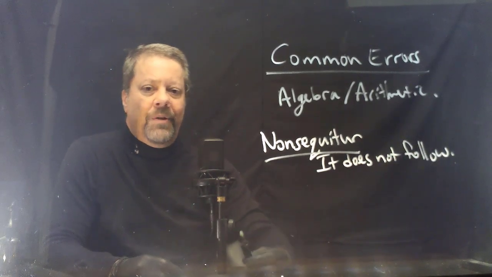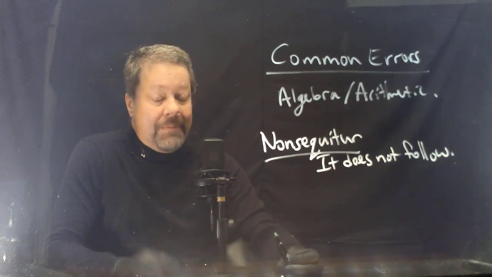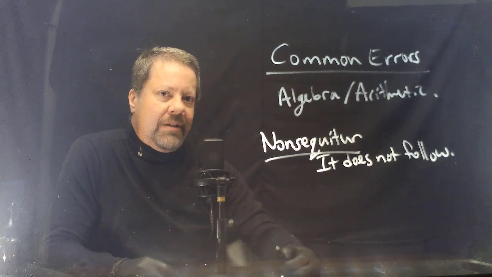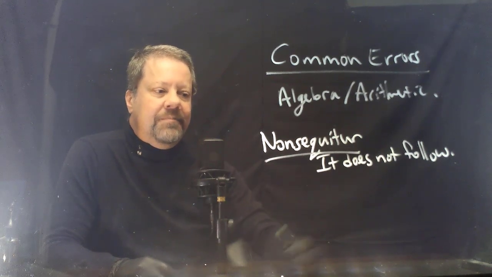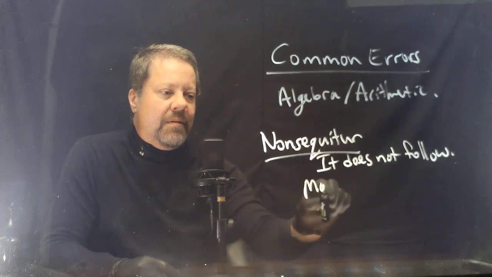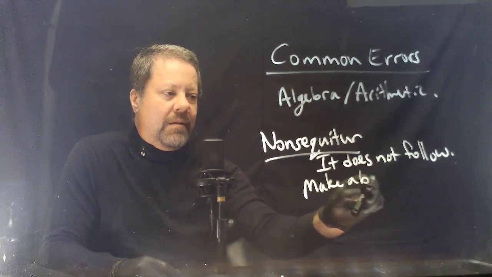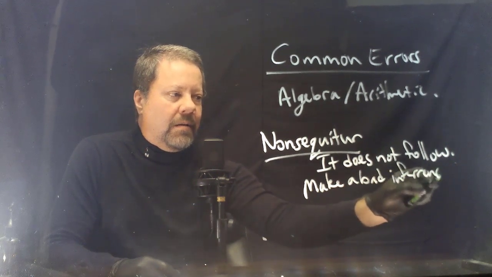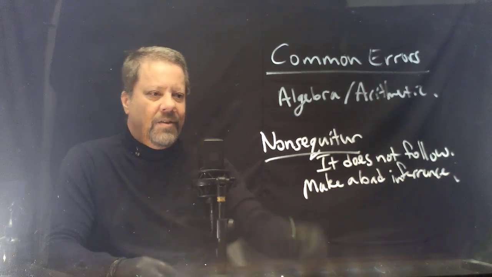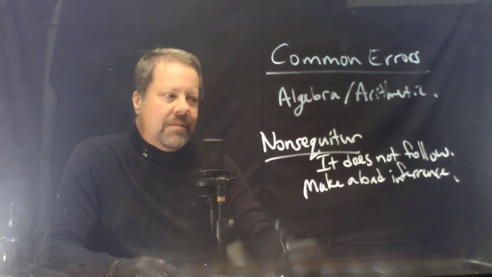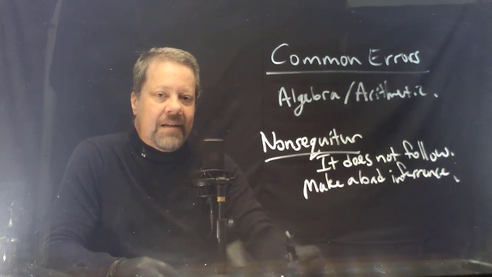This usually happens when you assume something is true, but it's maybe not necessarily true. And so you use that false assumption to prove the theorem. So you make a bad inference. So most non sequitur forms of errors occur when you insert certain statements that are not fully justified.